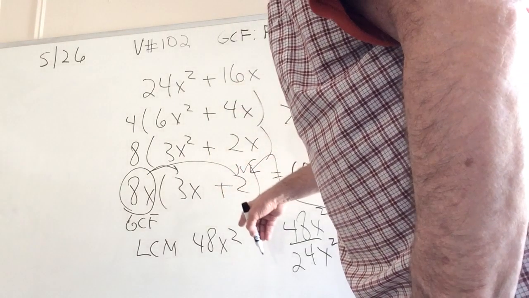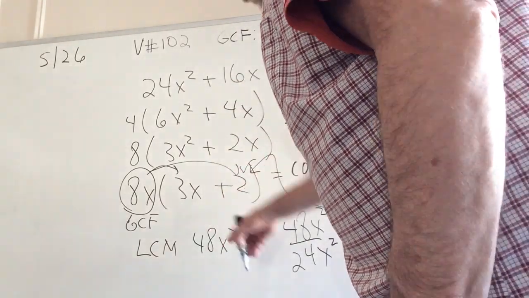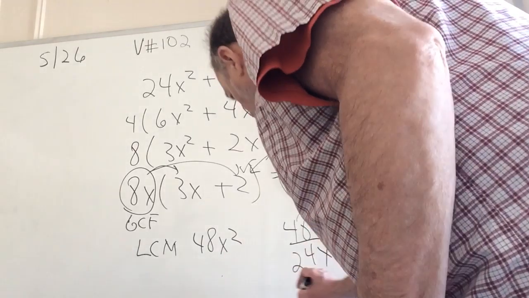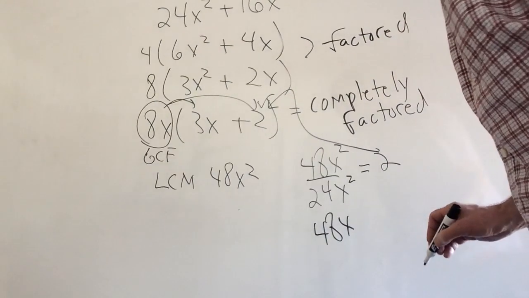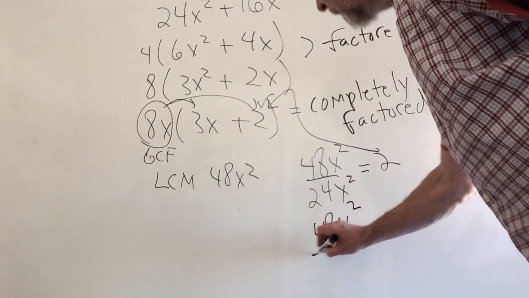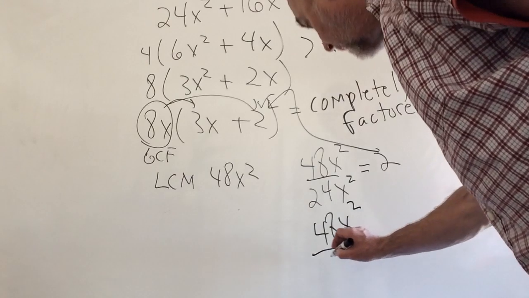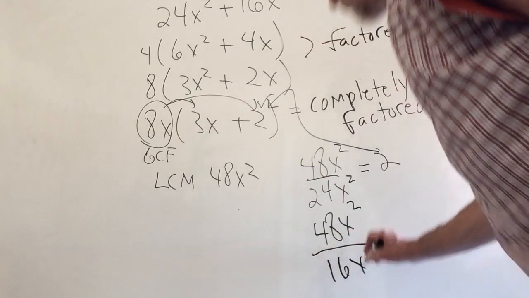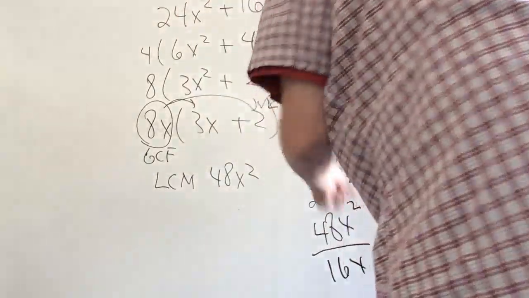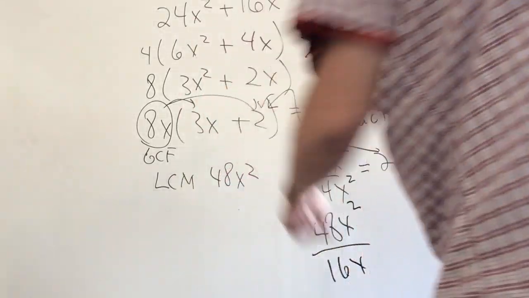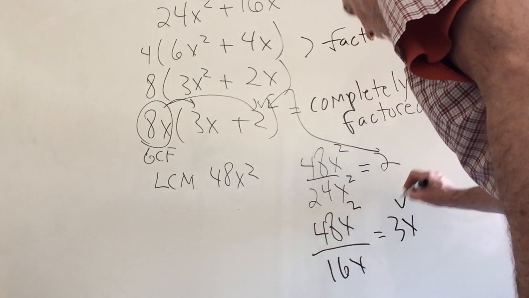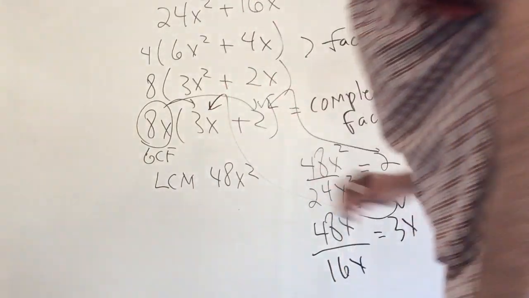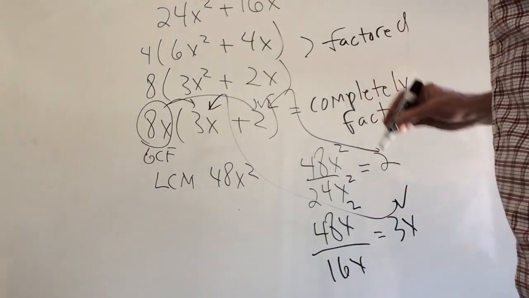And then I divide the other one: 48x squared divided by 16x, that's the second term. Okay, there's the first term dividing the LCM. There's the second term dividing the LCM, equals 3x. But again, that matches this perfectly. And there we go. We found the LCM.